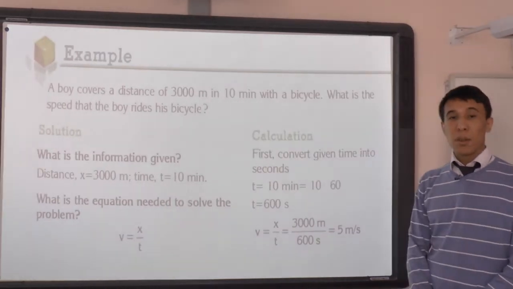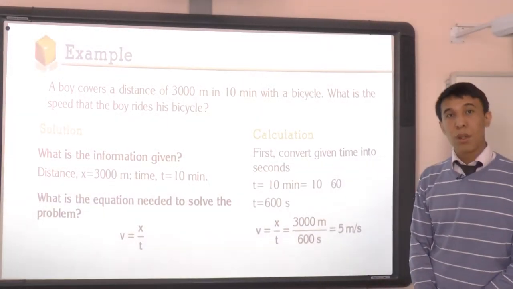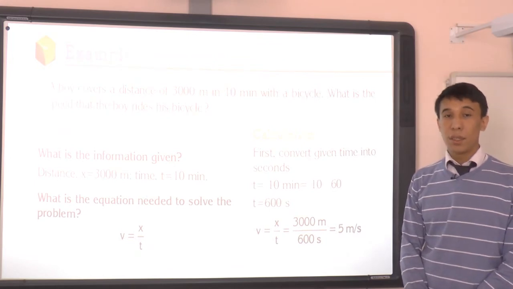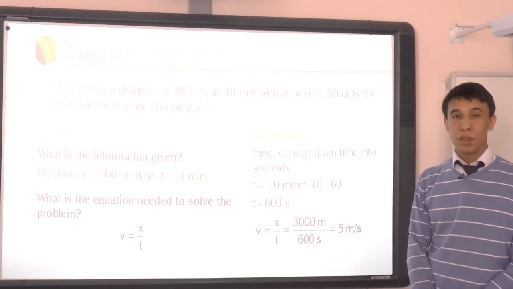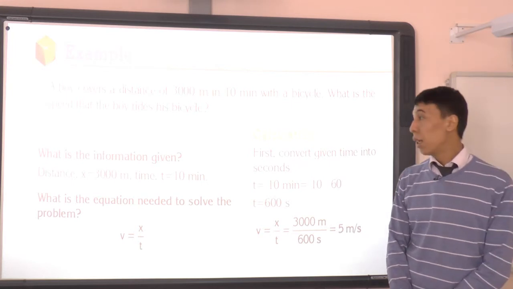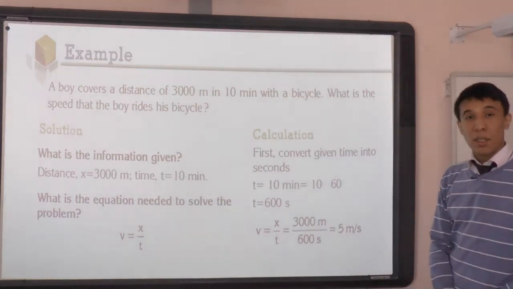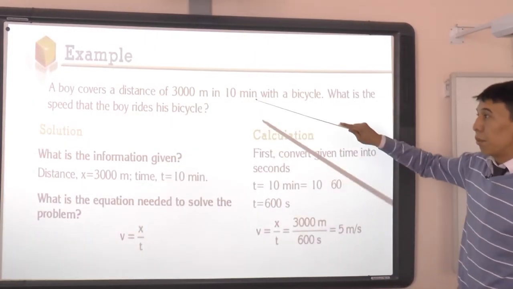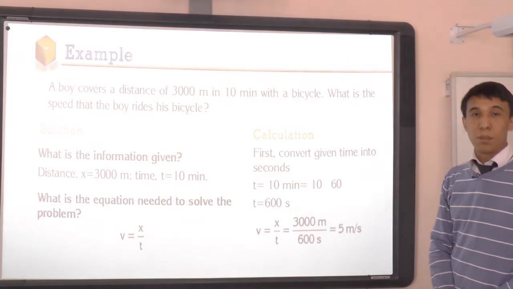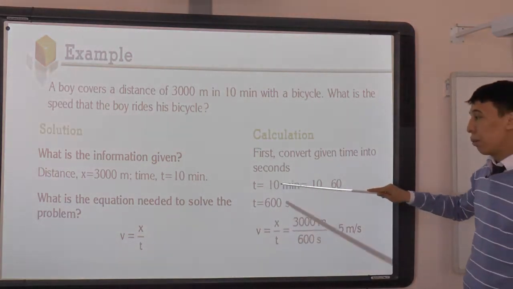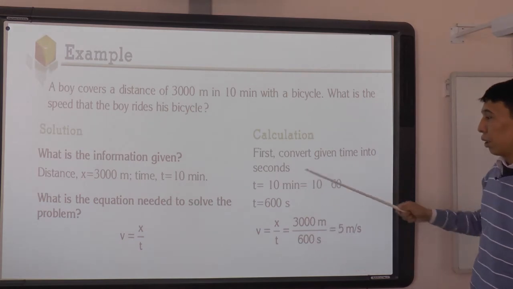Students, I want to say one thing. Don't forget to convert all our units to the SI system, because we need to have a correct answer. Meter is in the SI system, but minute is not in the SI system, so we should change it. Look here: 10 minutes we should change to seconds.